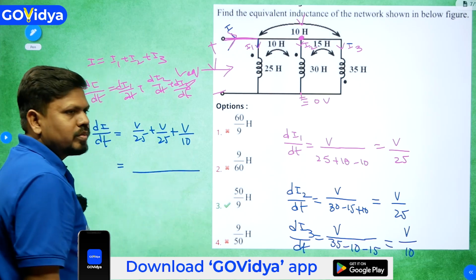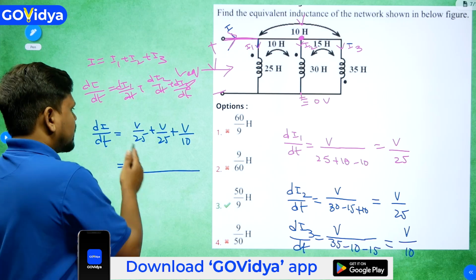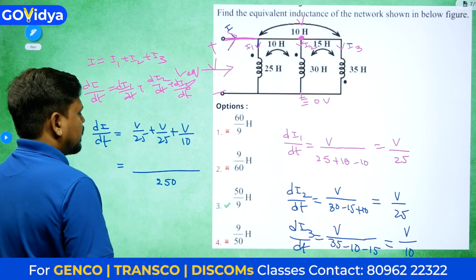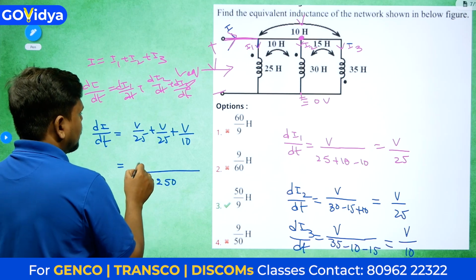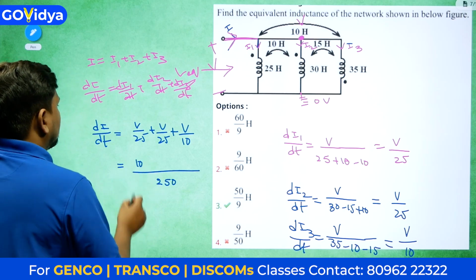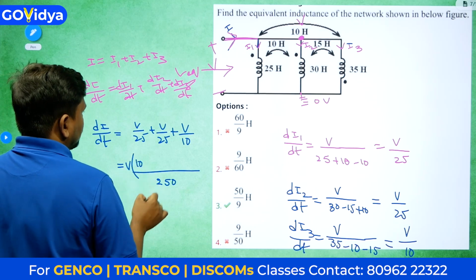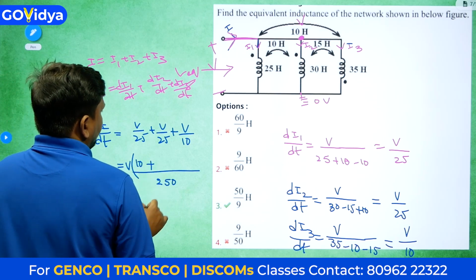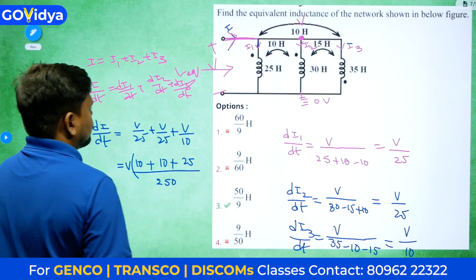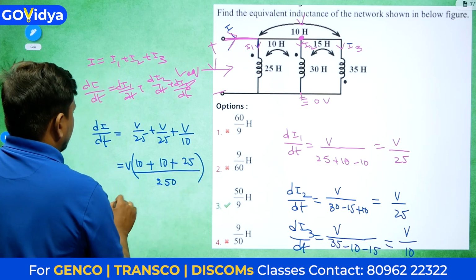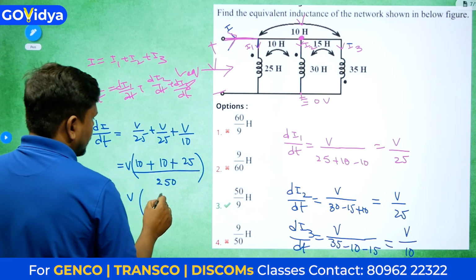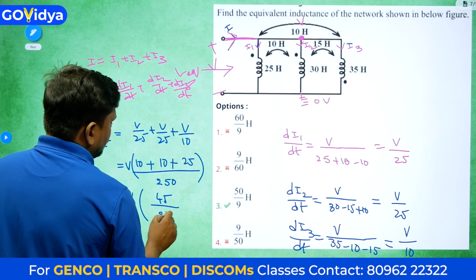So we can take the LCM, which directly gives 250. I multiply 10 into 25 for easy calculation. Taking V common, here you get 10 plus 10 plus 25. So V into 25 plus 10 is 35, 35 plus 10 is 45, divided by 250.